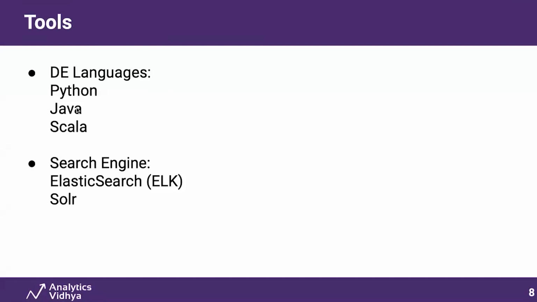We talked about this: Python, Java, Scala, right? Python can be used for the majority of things. Majority of the problem statements are catered through Python, especially in the scope of data engineering, data science and data analysis. If you talk about Java, it has always been there, right?